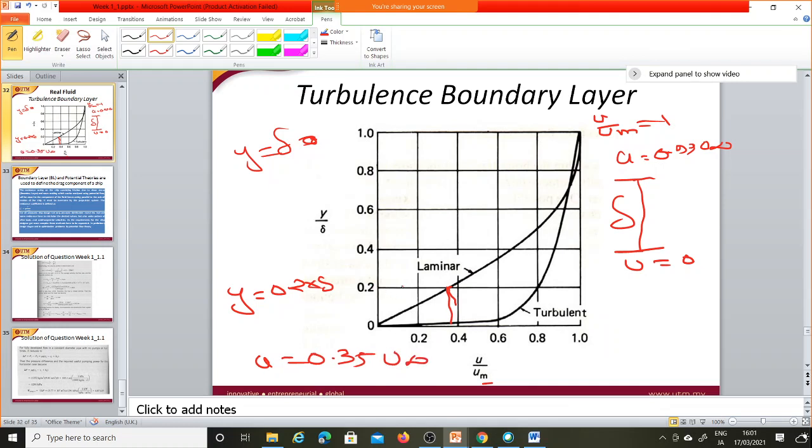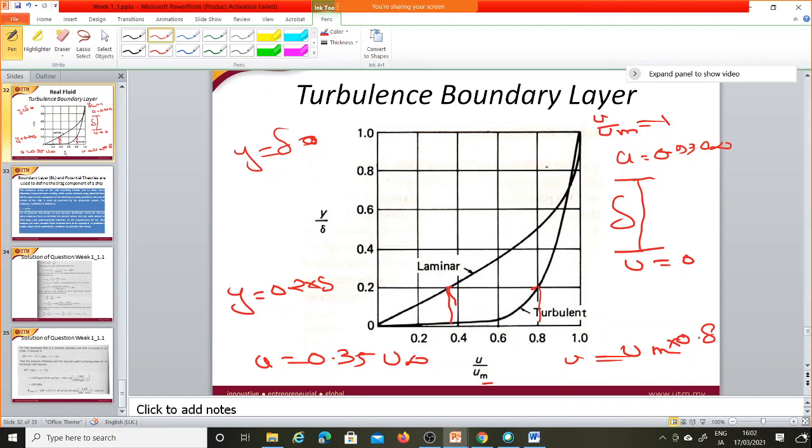On the other hand, in case of turbulent, at this position u by U is 80%. Why? Because it's turbulent. The velocity gradient, the change in velocity, is higher. That is the slope. In the turbulent layer the change in velocity is higher, but it will occupy more, the thickness will be greater because the particles are exchanging their position.